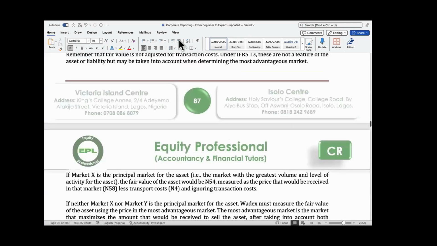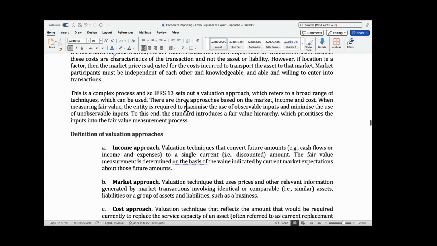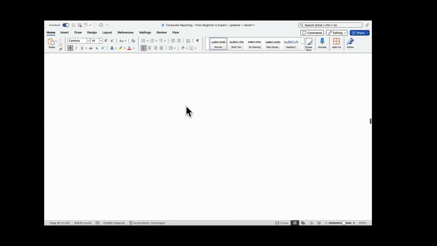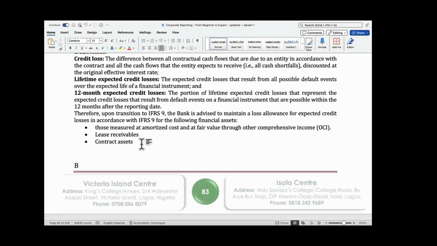Okay, guys. Thank you very much. Please, I have a question. You showed us how to calculate the lifetime ECL, but for the 12-month ECL, would they give us a rate for that, or is it just judgment? See, 12-month ECL in reality is judgment.